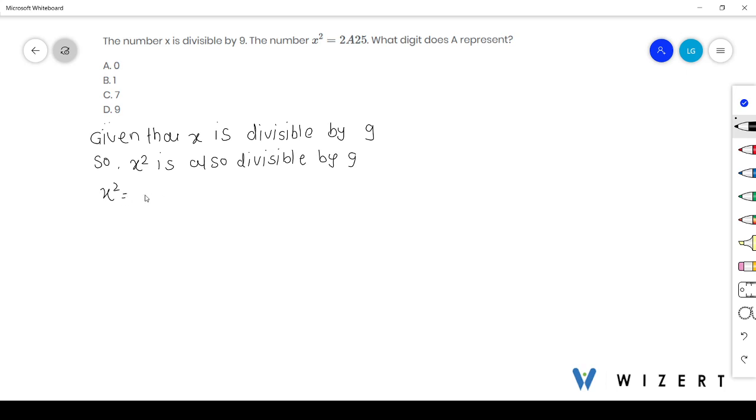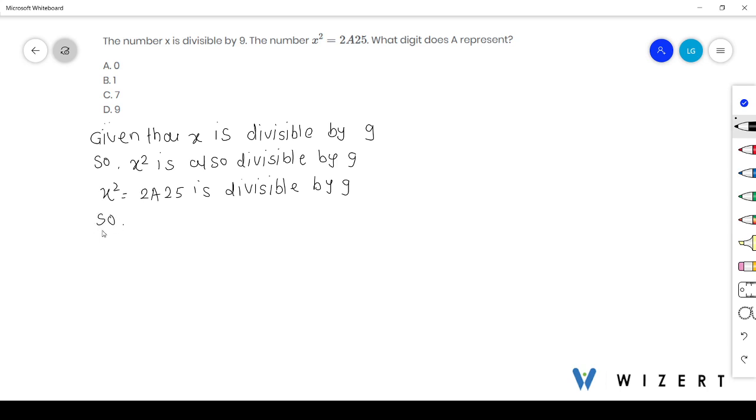So, x square equals 2a25 is divisible by 9. Now, as we know that if the number is divisible by 9, then the sum of the digits of that number is divisible by 9.